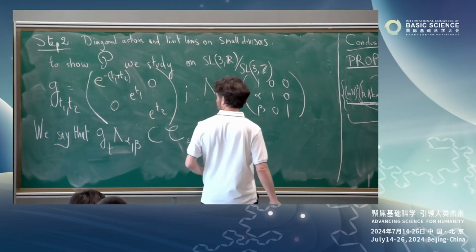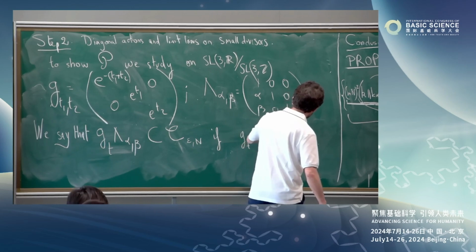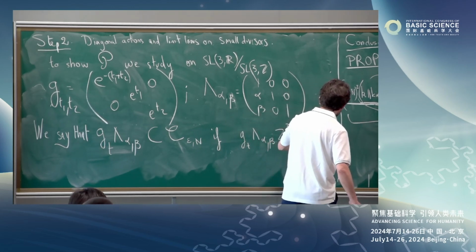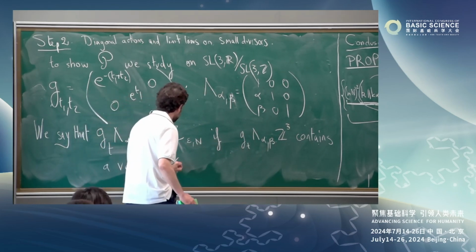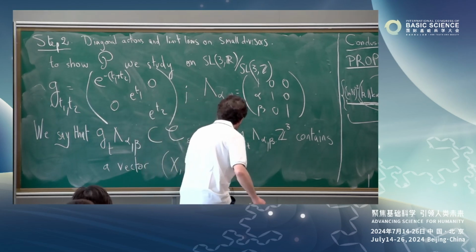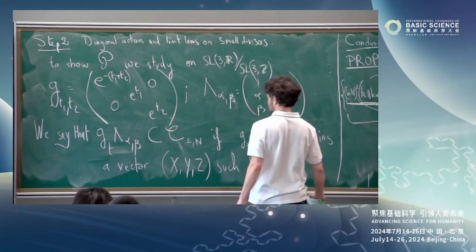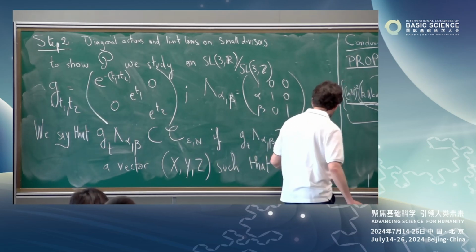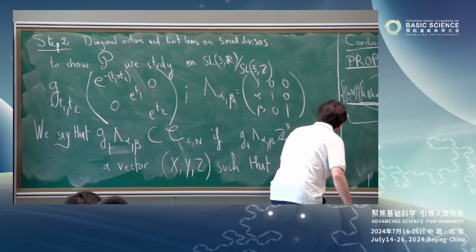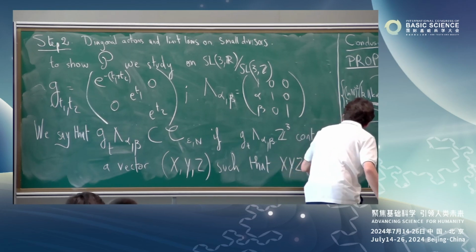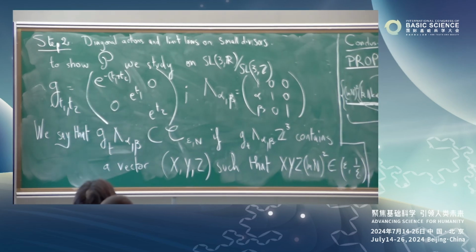If the lattice g_t lambda alpha beta times Z^3 contains a vector x, y, z such that the norm of x, y, z times (log n)^2 is in [epsilon, 1/epsilon]. Okay?